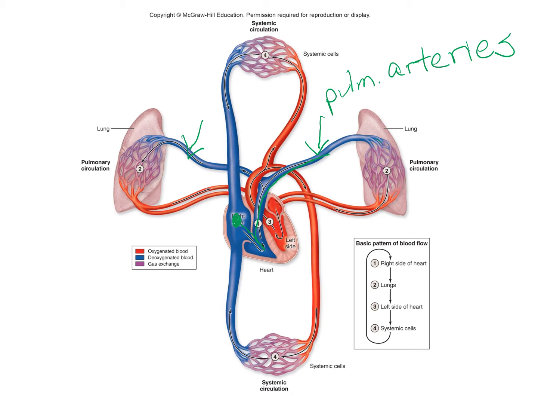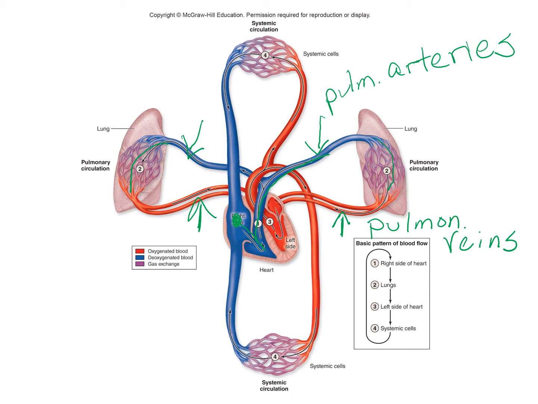That blood flows through the lungs. Now it's nice and oxygenated. It is headed back to the heart via these pulmonary veins. And again, you got two coming from each lung. So there's the other one. That's the pulmonary circulation.